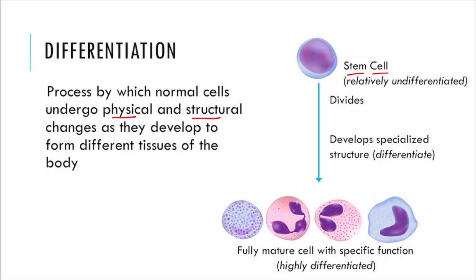So I gave you the examples that we have stem cells in our epidermis that have the ability to differentiate into skin cells. Once a cell is an adult, it fully represents the cellular structure and function of that type of cell. So it gives it its specific physiological functions.